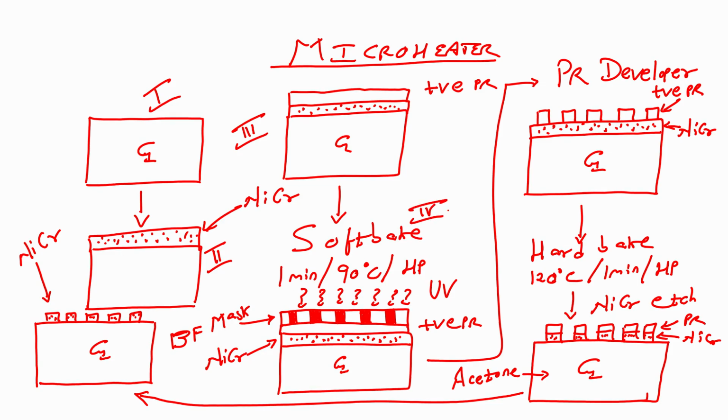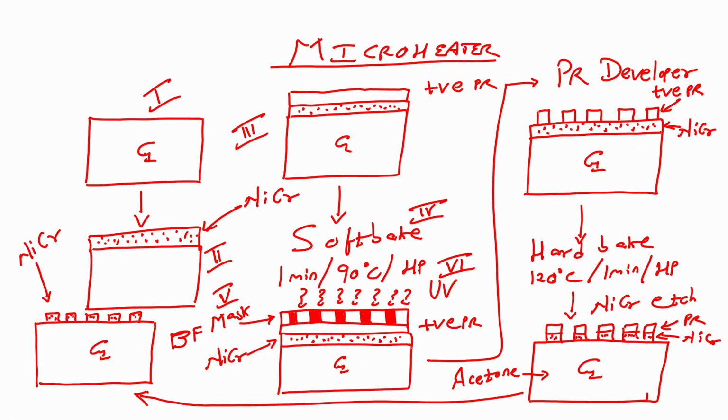Soft bake is done at 1 minute 90 degree centigrade hot plate. Next step is I will load the mask. Which kind of mask? Bright field mask. After this 4 number, 5th number is your bright field mask. The next step is UV lithography, which is 6, right, UV exposure.